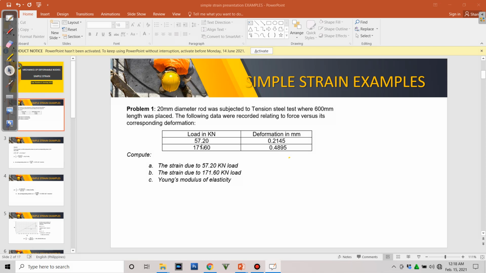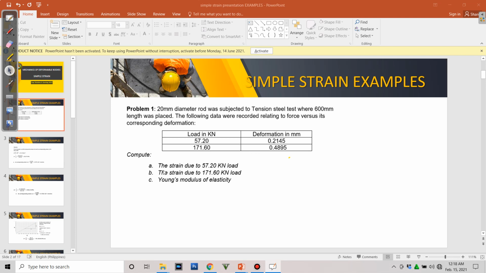With the loading of 57.2, it has an elongation of 0.2145 millimeters, and we have 171.6, with a corresponding 0.4895 millimeters elongation.